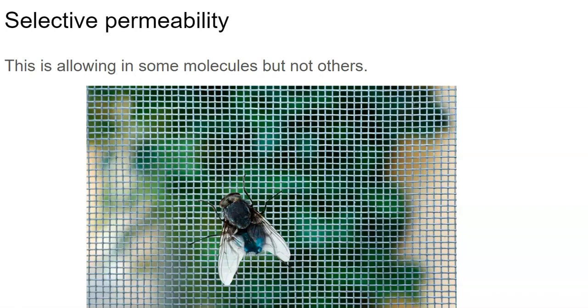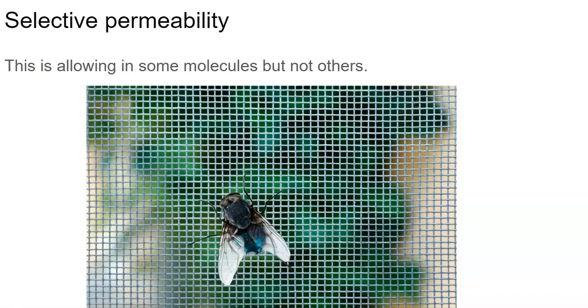Selective permeability, that's a big feature of plasma membranes. There are some things that can move by diffusion, like oxygen and carbon dioxide can move by diffusion across the cell membrane. Also water can. But if we're talking about a selectively permeable membrane, not everything that's out there can get into the cell.